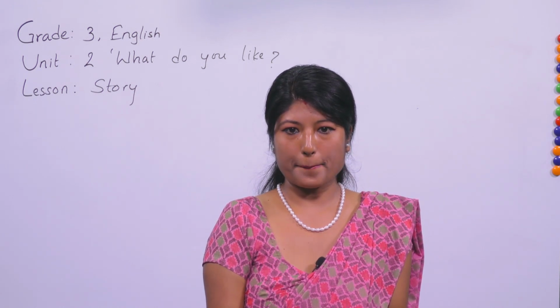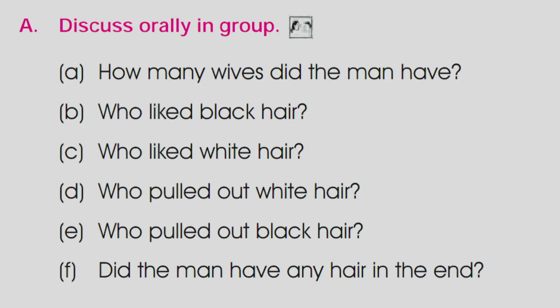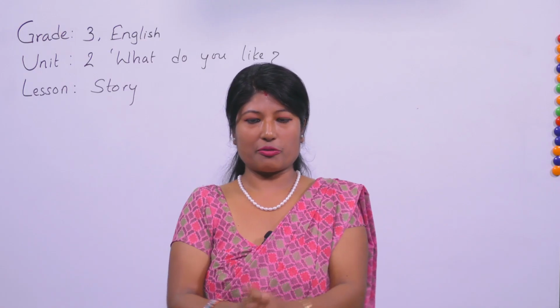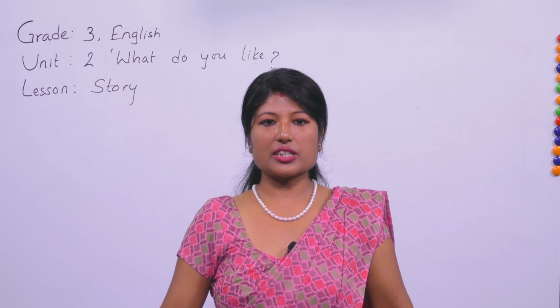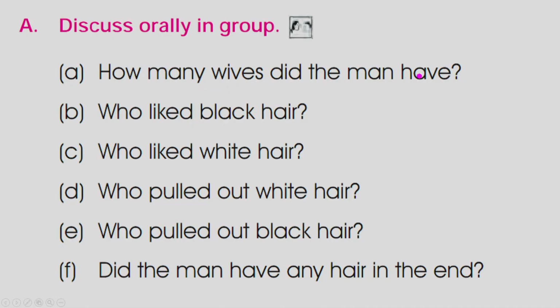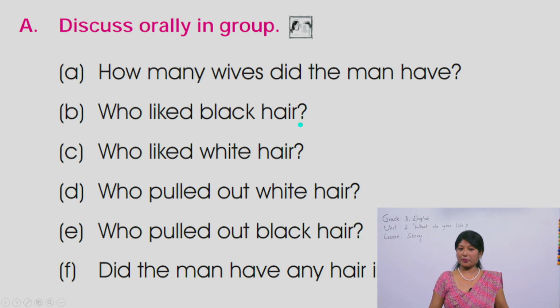What is there? So here are 6 questions. Are you ready to do that? Okay. So we have understood the story, then why not, right? We can do it. So the first question is, how many wives did the man have? I hope you remember. Number B, who liked black hair?